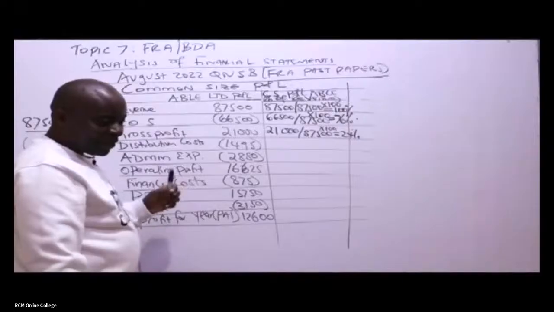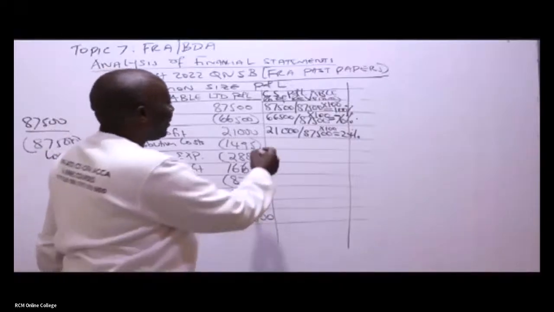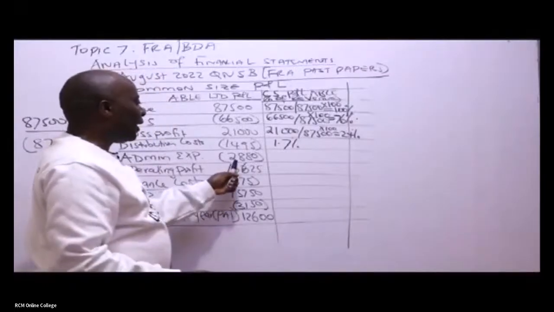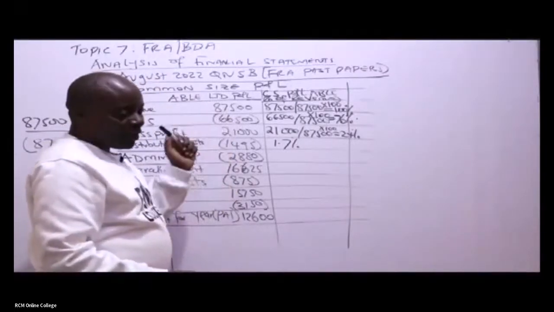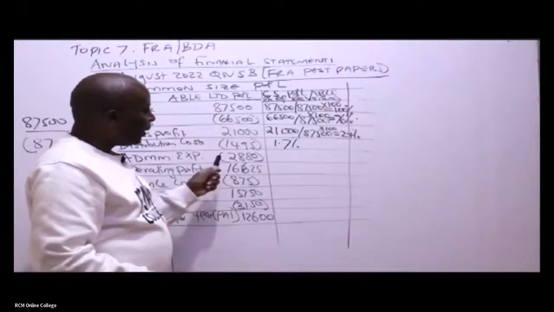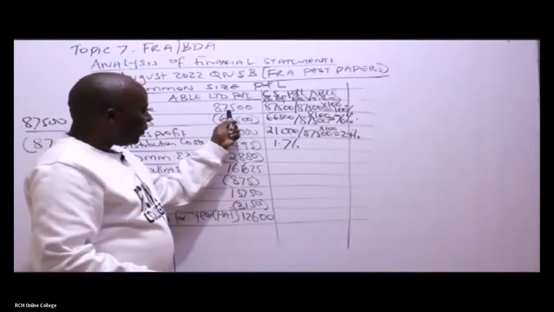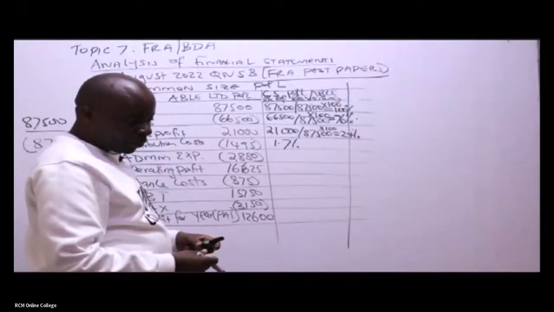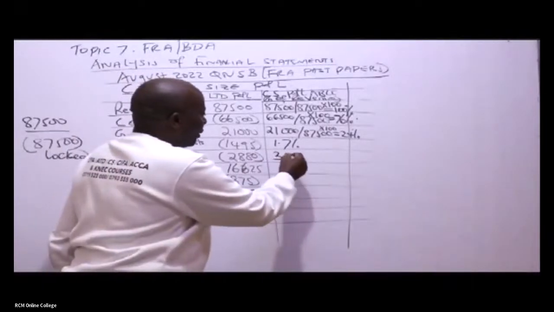So I'm being given 1.7%. Then you give me this 2880 divided by 87,500. What are we getting, ladies and gentlemen? 3.3%. Thank you very much.